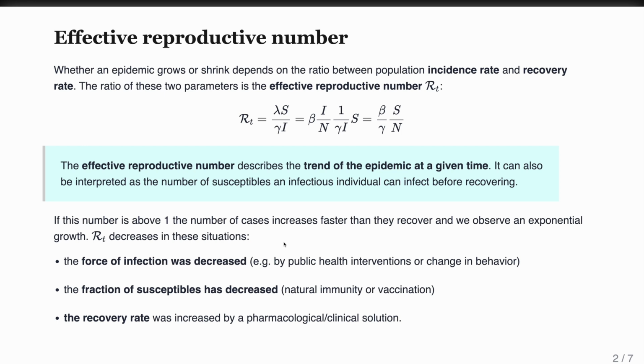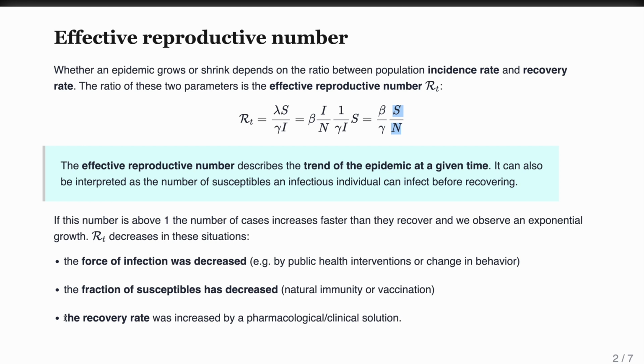On the other hand, we can work on the number of susceptibles, and this can be done either by vaccination, or this can happen naturally by the immunity that builds up in the course of the epidemic. And finally, we can also work on the recovery rate by, for example, pharmacological solutions, in order to decrease the period in which infectious people can infect other people.